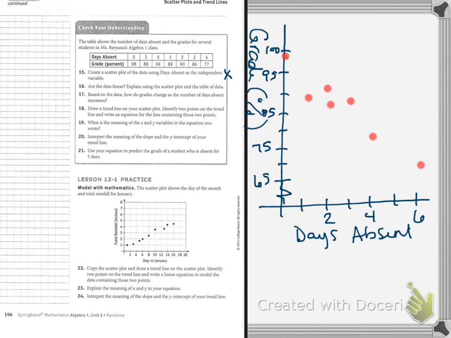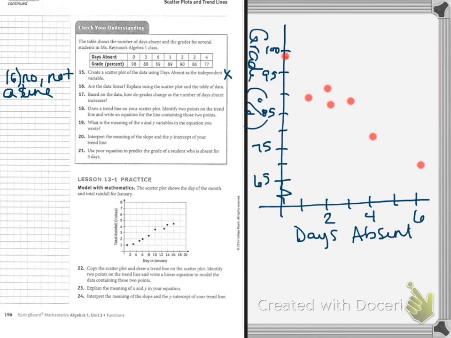Is the data linear? Well, no. It does not create an exact straight line, so no, it is not linear. Explain using the scatter plot. Okay, so exactly that. So we can say no for 16, not a line.